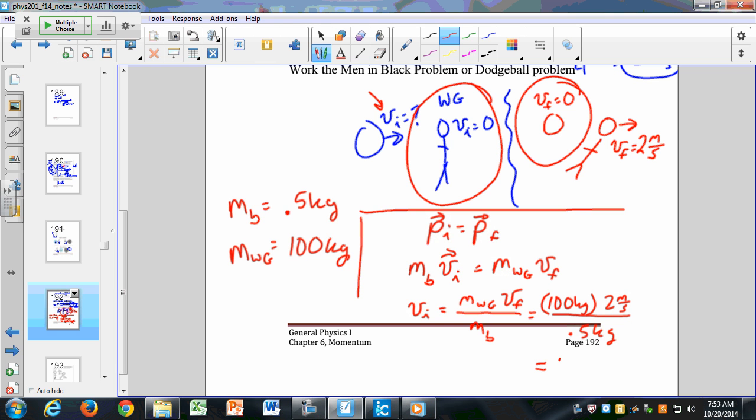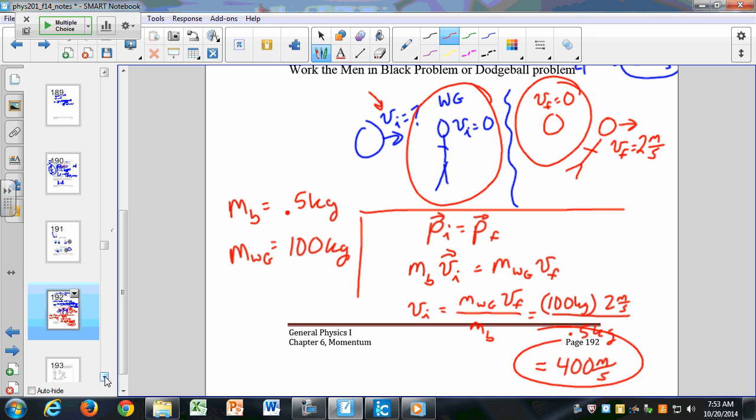It's 400 meters per second. Just to give you a little reference, the muzzle velocity of a handgun is about 300 meters per second. So this dodgeball has got some serious heat coming off of it, about 400 meters per second.